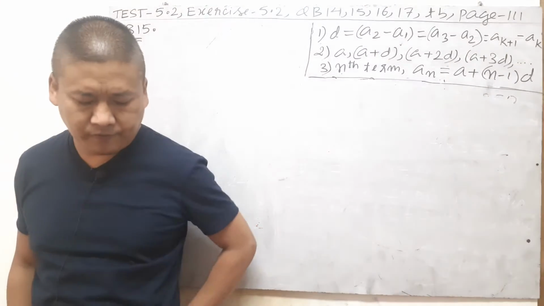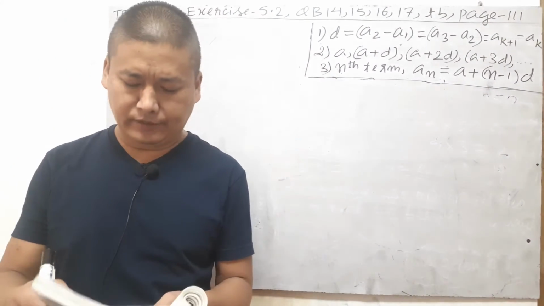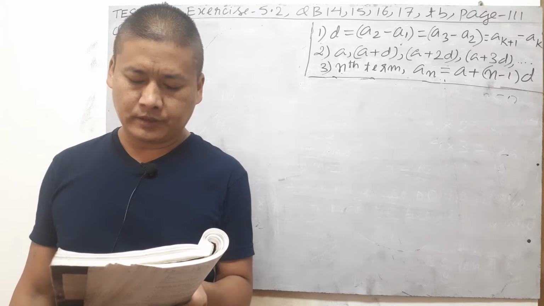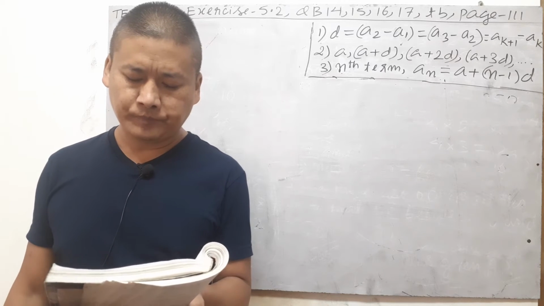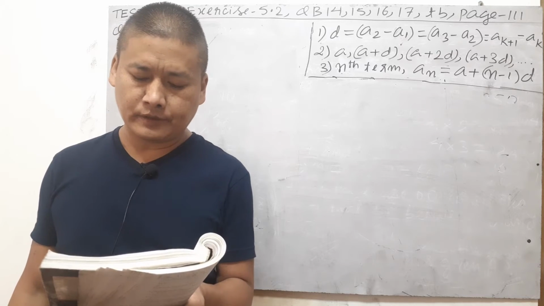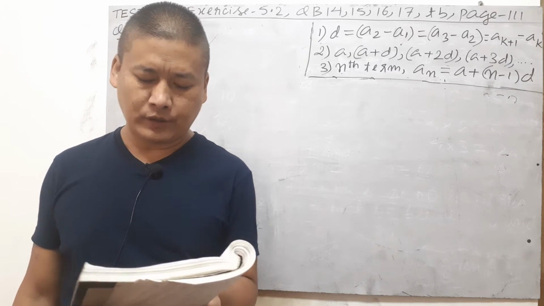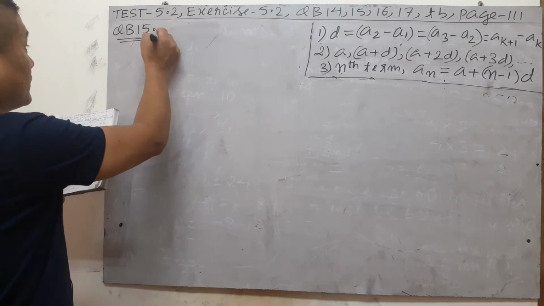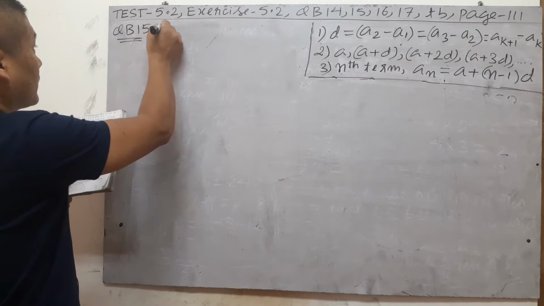Okay. For what value of n are the nth terms of the two APs, 63, 65, 67, and the second AP 3, 10, 17, equal? So what is given to us here?